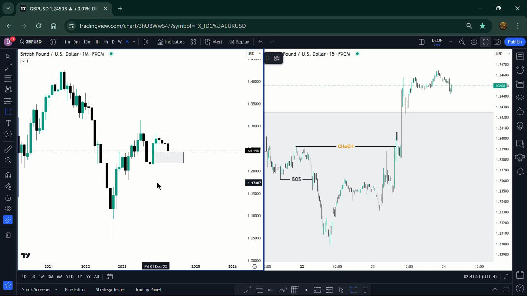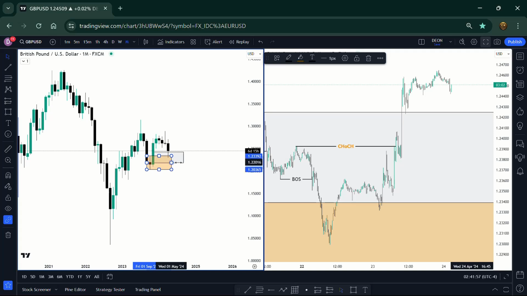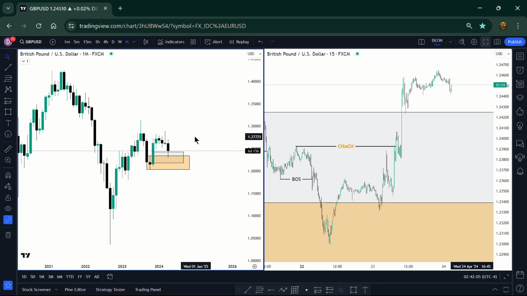This is where the market reacted. There was way too much confluence: on the monthly chart, there's a single candle order block and a fair value gap. On the weekly chart, there was a small fair value gap and just a general order block.